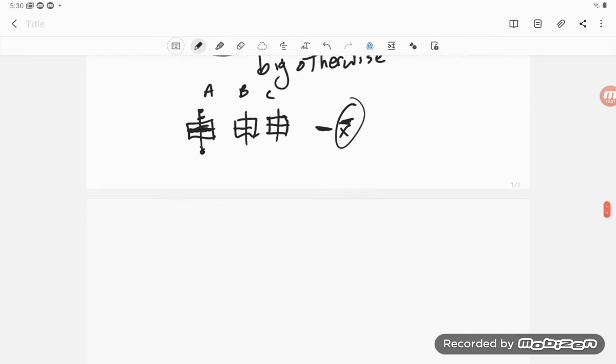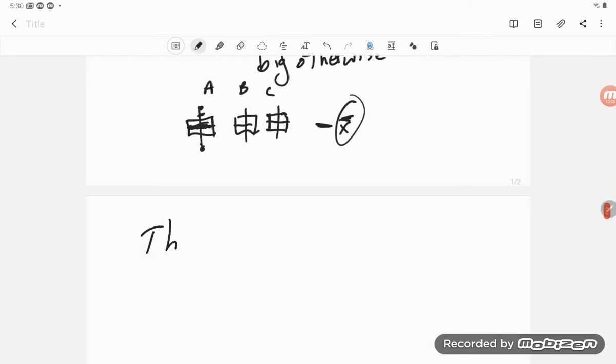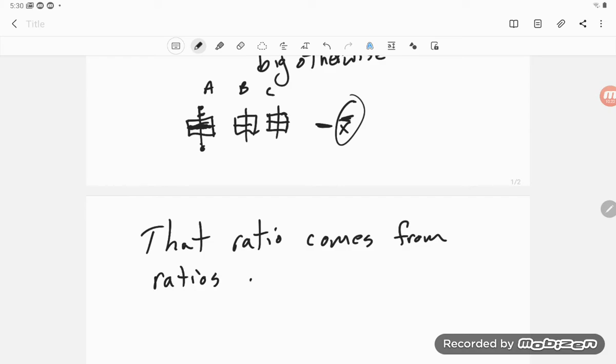And that ratio comes from ratios of normal distribution. So we're still talking about this normal distribution thing. It underlies all this stuff.